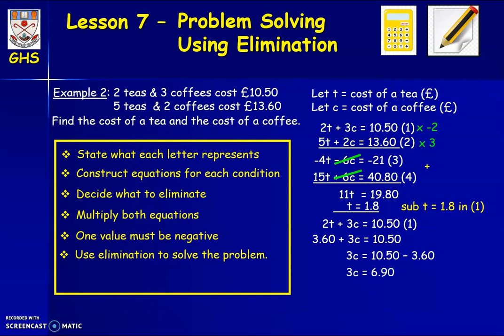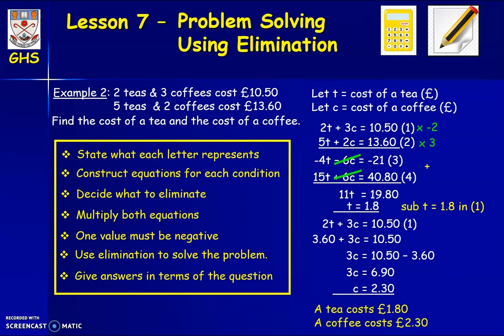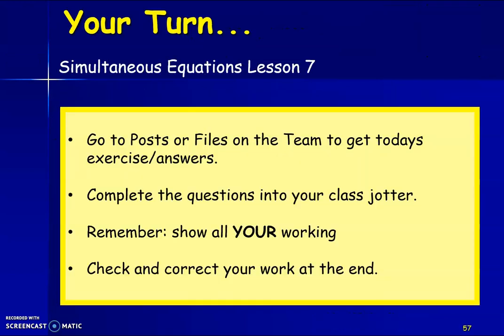So 3C equals 6.90 and we divide to get C equals 2.30. In terms of the question, that means the cost of a tea is £1.80 and the cost of a coffee is £2.30. Okay, now your turn to have a wee go at some questions.